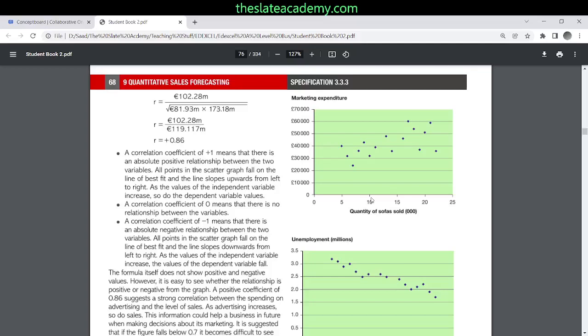So the stronger indicator for their business is unemployment as opposed to their marketing expenditure. It could tell that their marketing efforts so far have been not good, undirected and unfocused. If they had a better marketing plan, maybe the quantities of sofas sold would improve.